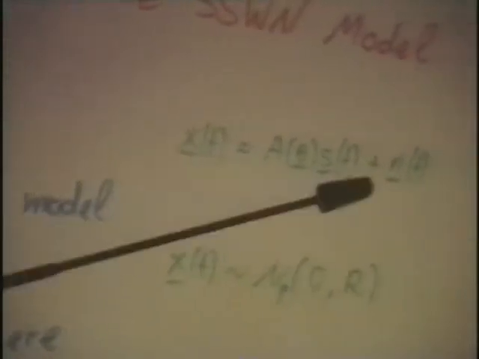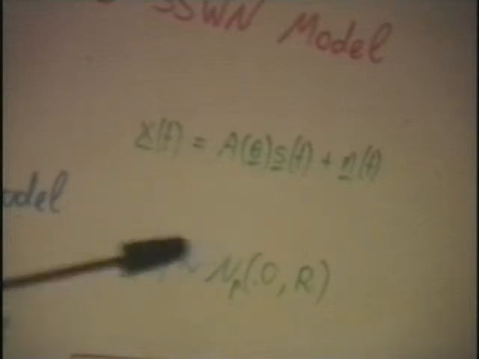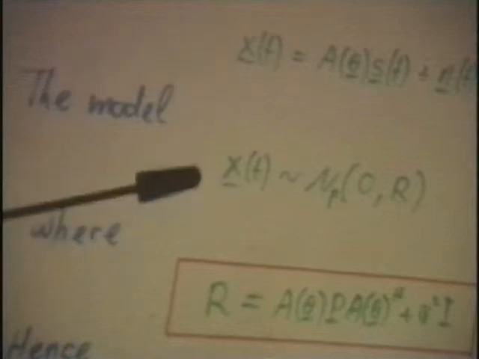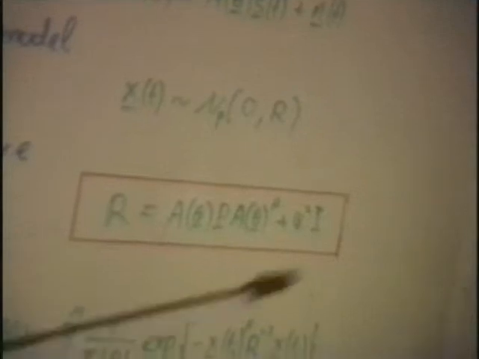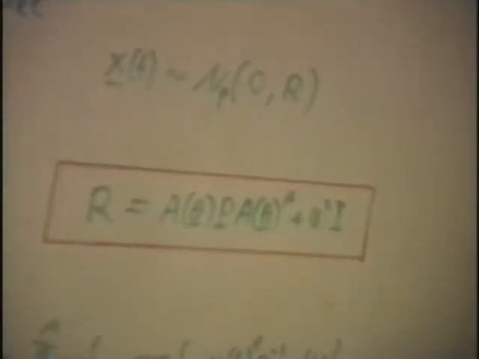That is, we assume that the noise is white, with zero mean and sigma square I covariance matrix, and that the signals are zero mean with covariance matrix P. In this case, x(t) is given by this expression and can be easily seen to be Gaussian with zero mean and a covariance matrix of this form.